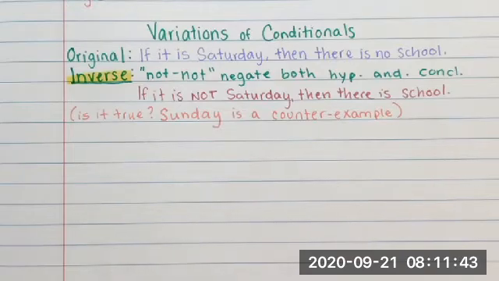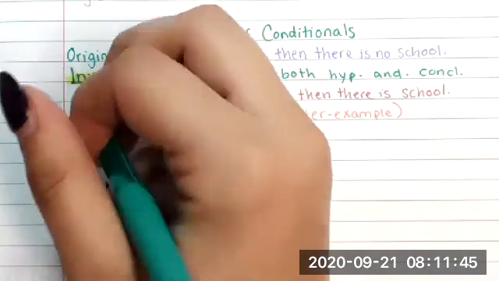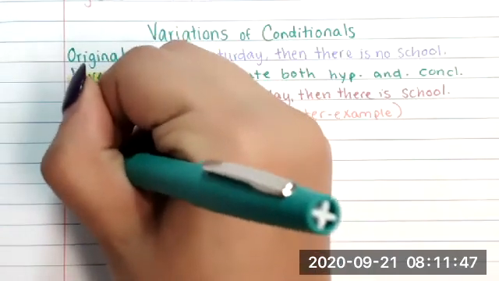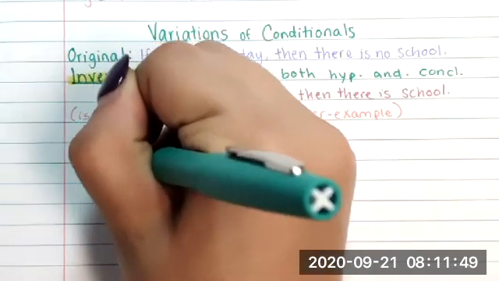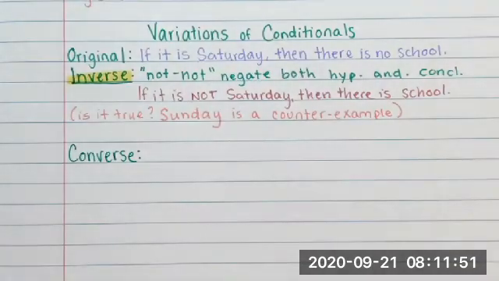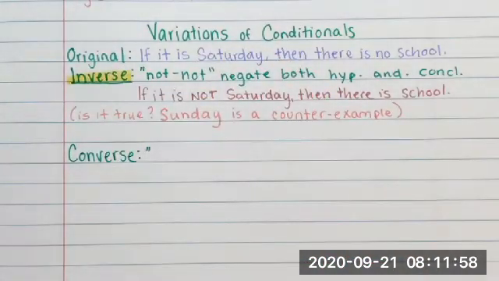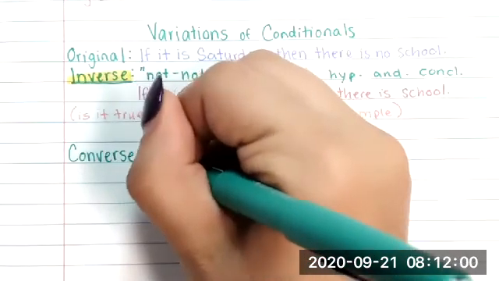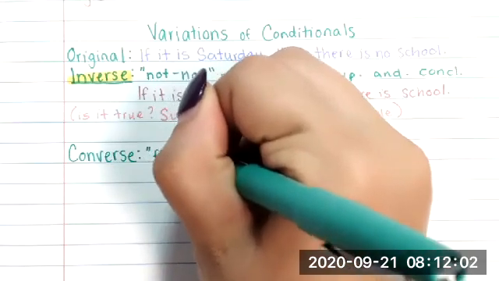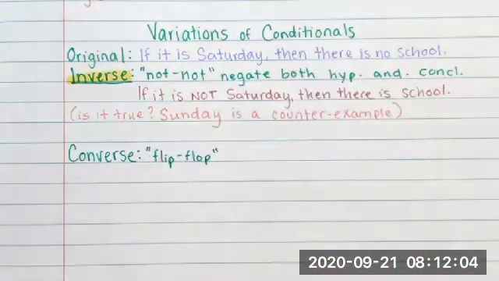All right, so the next one is called the converse, like the shoe. And if the inverse is the not, the converse is the flip-flop, like a shoe.